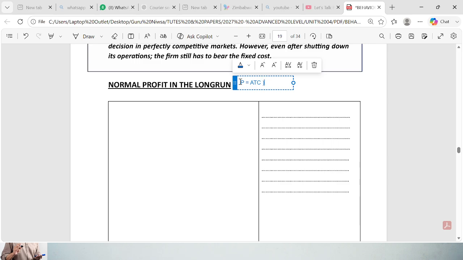But remember that the minimum expectation of the entrepreneur, the normal profit part, is covered. So there is no intention to shut down the operation. They continue operation, no problem, even though economic profit is zero, because that minimum expectation of the entrepreneur has been covered. So no intention to shut down at this moment. Okay. Normal profit from the diagram.